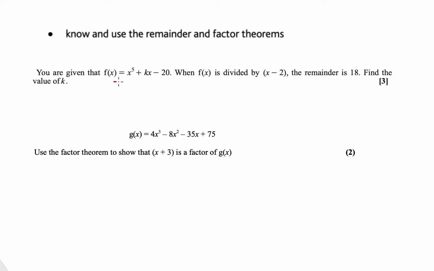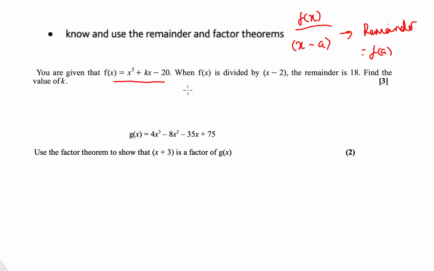You're given that f of x is this polynomial here. It's a quintic polynomial, it's degree 5. Don't worry, we won't have to solve it. But we know that when it's divided by x minus 2, the remainder is 18. So by the remainder theorem, if x minus a divides our polynomial f of x, we know that the remainder is going to be equal to f of a.